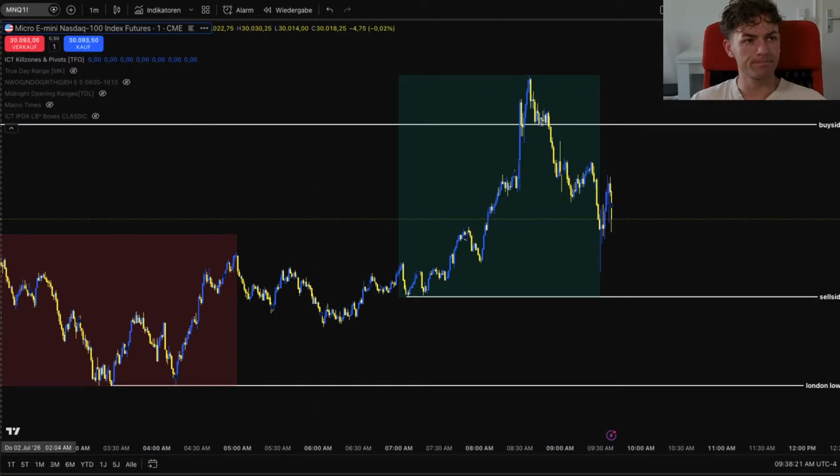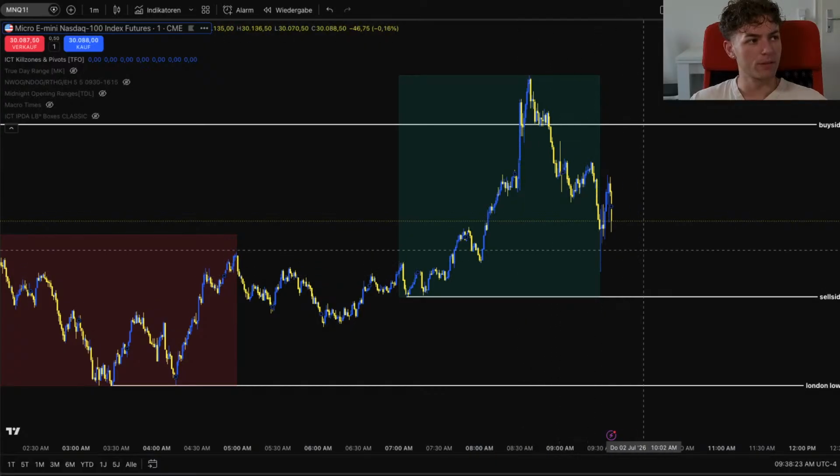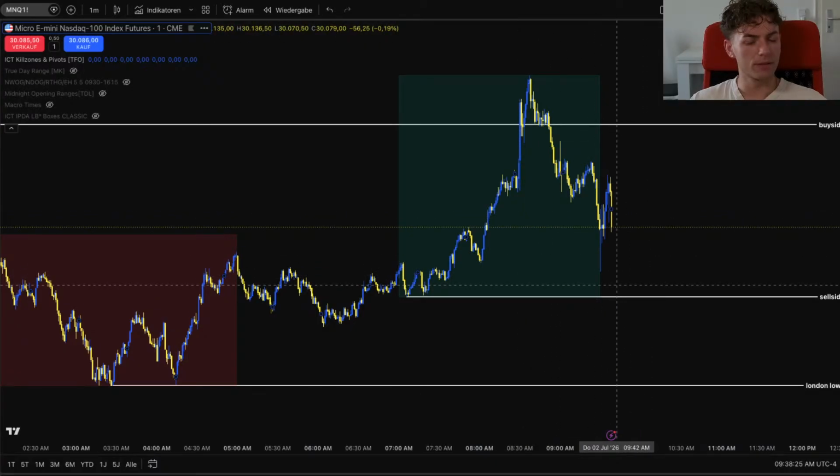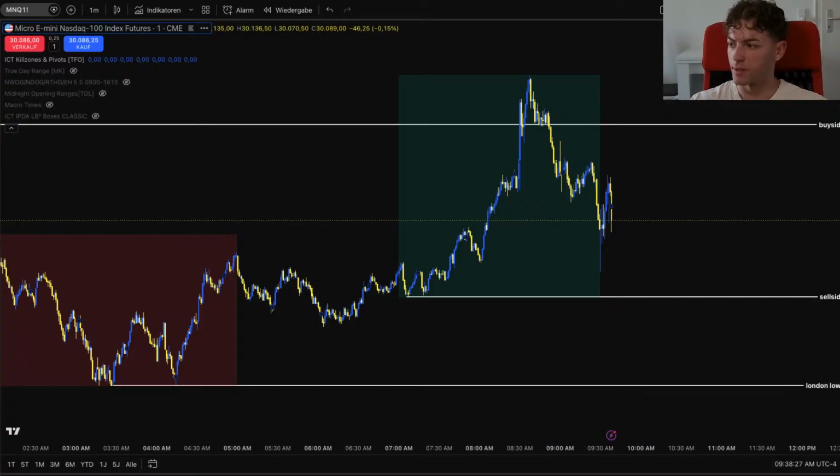In my opinion, this market structure is just meant to catch people offside and shake out everybody who's been profitable so far, and engineer highs and lows to create sentiment, and then ultimately run one side and then run the other.